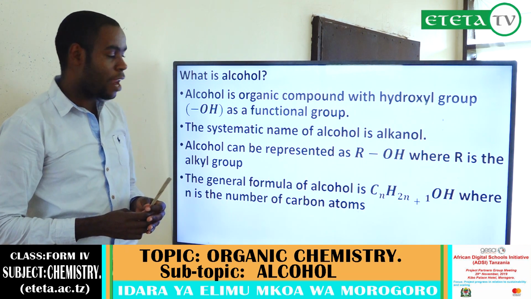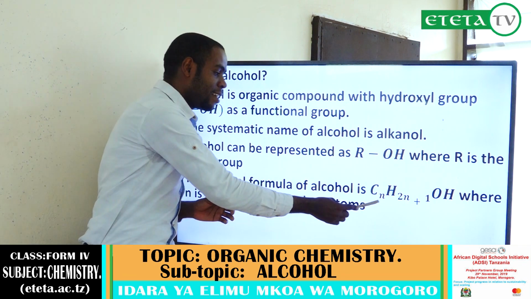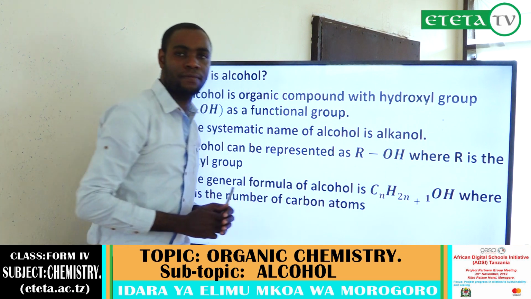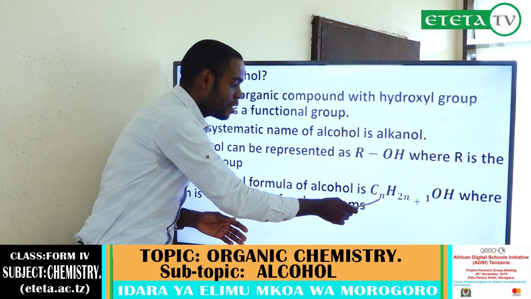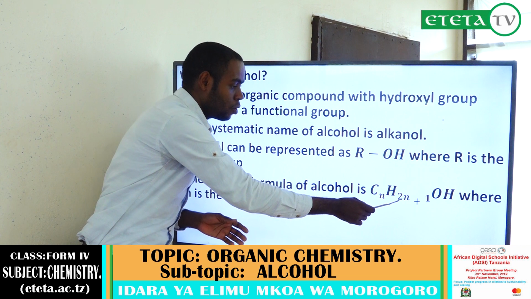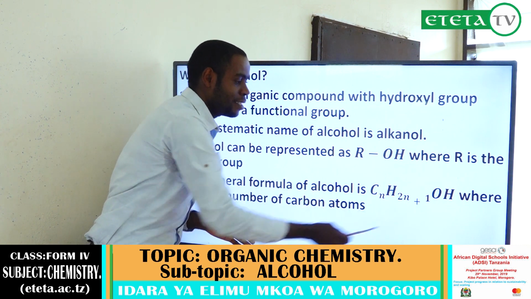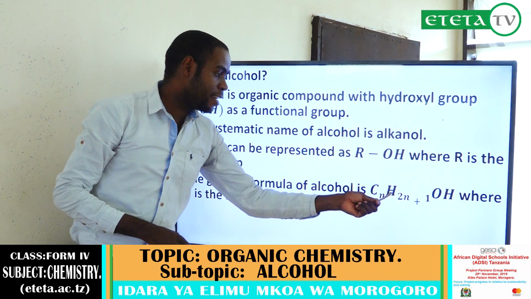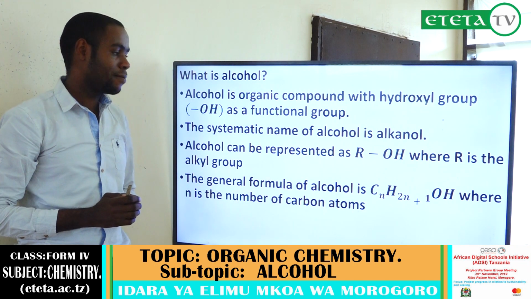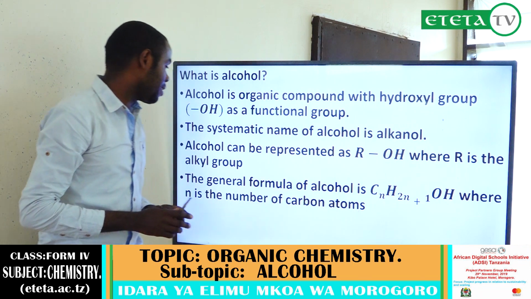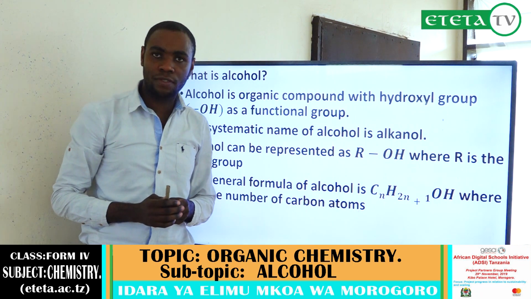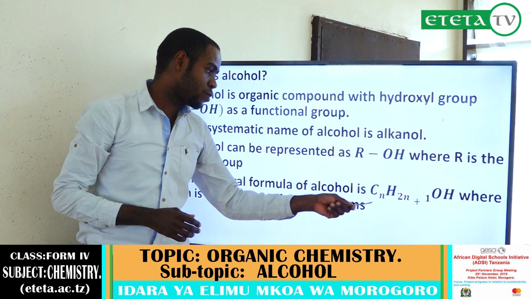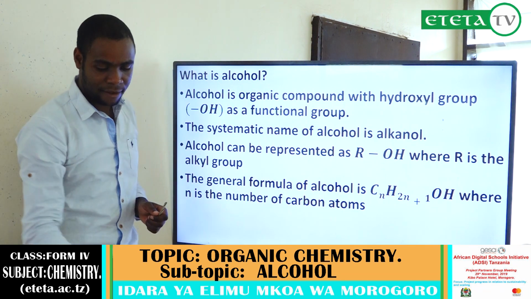So the general formula for alcohol is CnH2n+1OH. C is carbon, H is hydrogen, and n represents the number of carbon atoms. In case you have 2 carbon atoms, you substitute in this n.